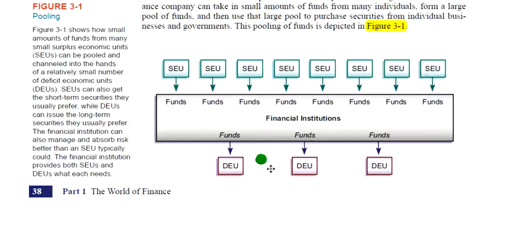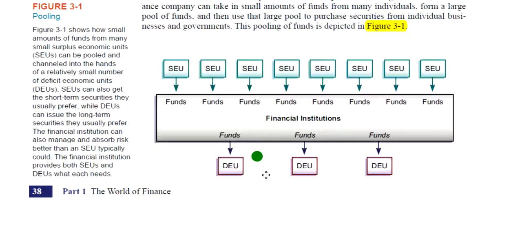This is a long-term investment for the bank, because the bonds will have a return yield. We talked about those a little bit in chapter 2. And the DEU will use the financing from the bonds to operate their business.